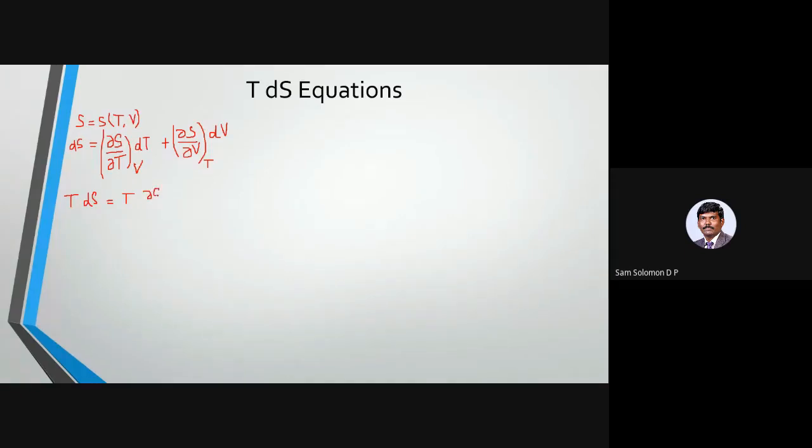So you get T times partial S partial T at constant V into dT, plus T times partial S partial V at constant T times dV.